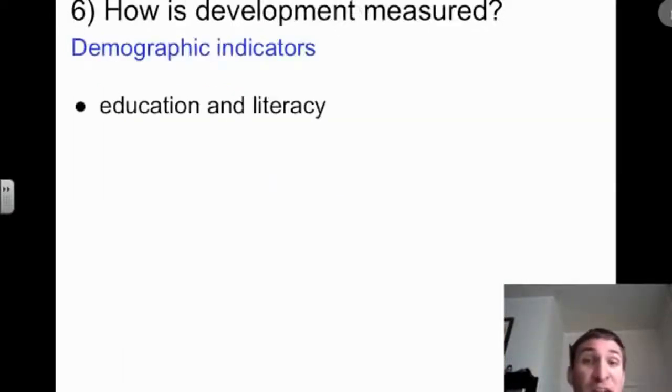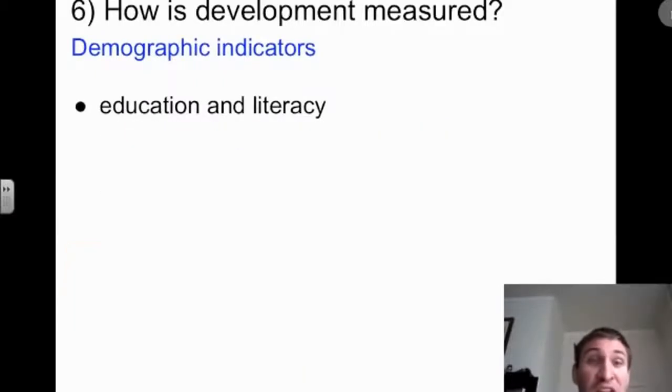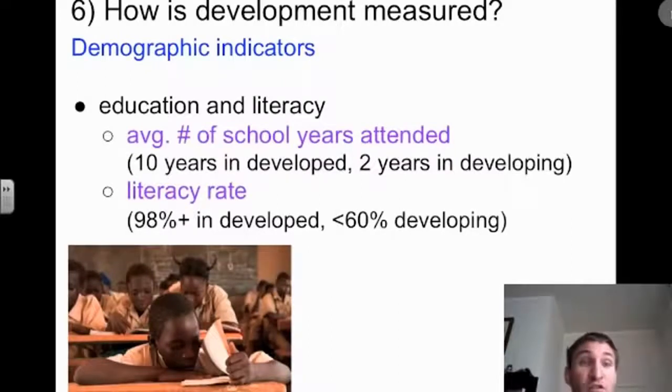Another way development is measured is through education and literacy. Literacy, the ability to read and write. So, how does a demographer measure education and literacy? The average number of school years attended. If you, on average, attend school for 10 years, you live in a developed country.